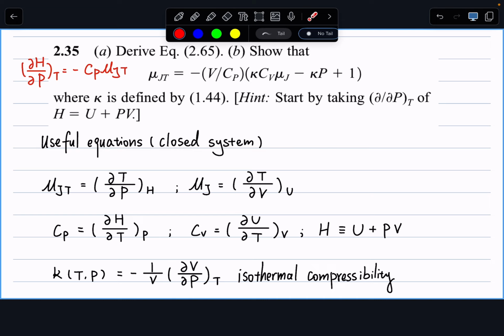We have the partial derivative du over dt at constant v times dt over dv at constant u times dv over du at constant t equals negative 1. The product of these two partial derivatives can be rewritten as the negative of du over dv at constant t. I'm just moving this one to the right and then flipping it. So this whole term goes in there.